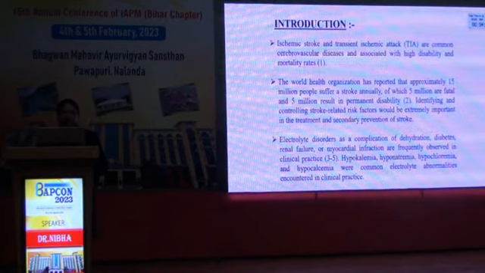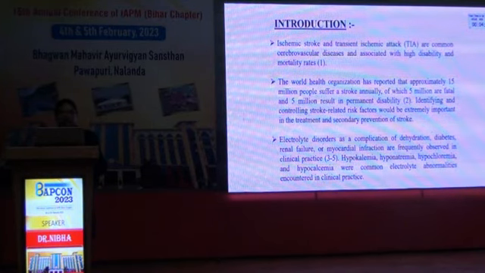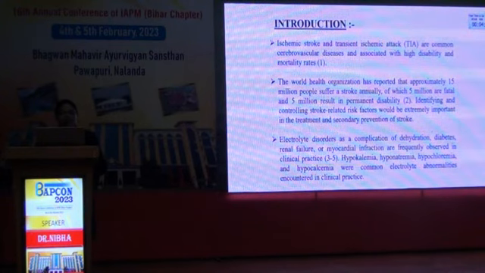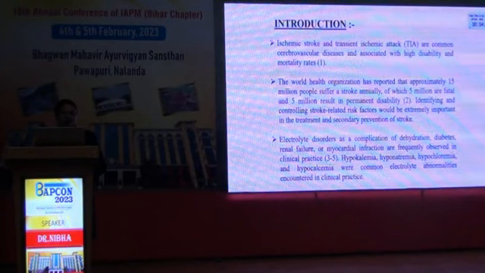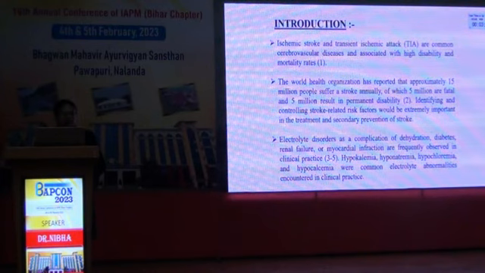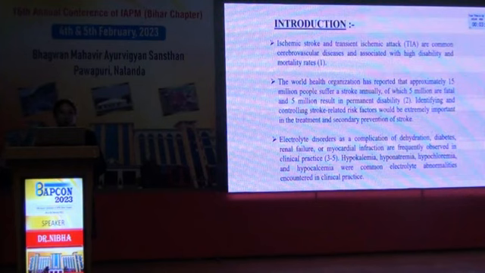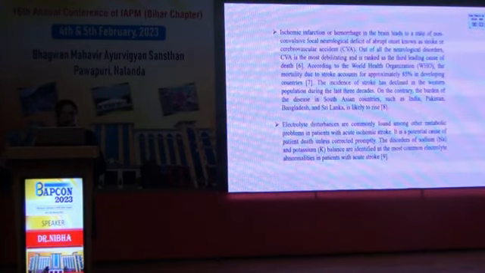Identifying and controlling stroke-related risk factors would be extremely important in the treatment and secondary prevention of stroke. Electrolyte disorders as a complication of dehydration, diabetes, renal failure or myocardial infarction are frequently observed in clinical practice. Hyponatremia, hypokalemia, hyperkalemia and hypocalcemia were common electrolyte abnormalities encountered in clinical practice.